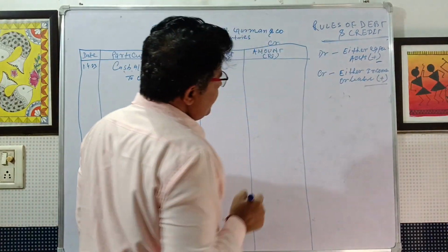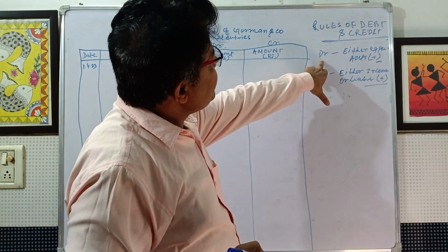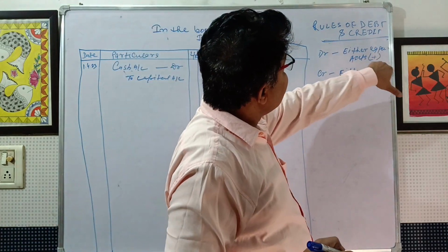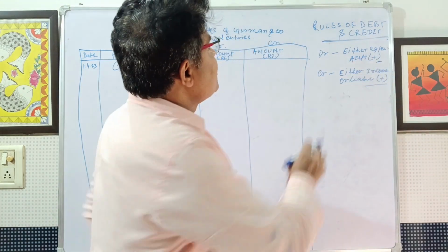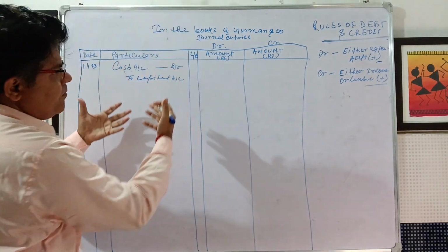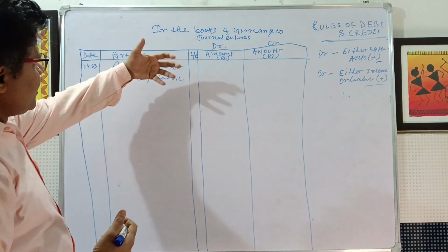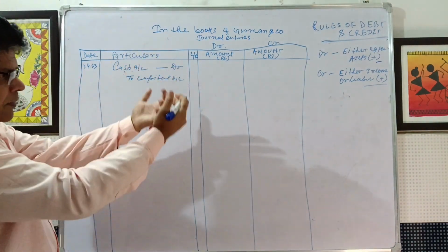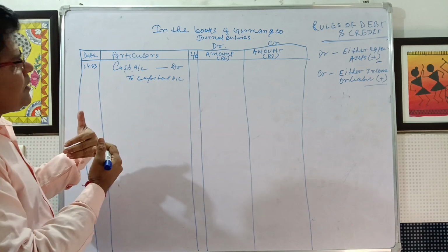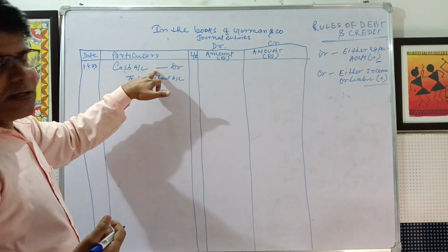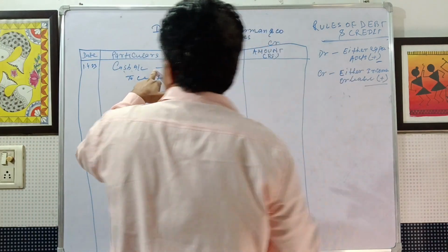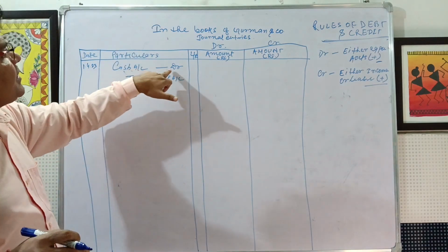Because I already discussed that debit means either expenses or assets, and plus means increase. What is happening in the business? Money is coming, cash is coming. So cash increases, and cash is also a real account.